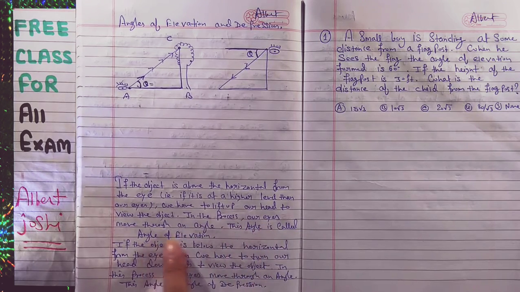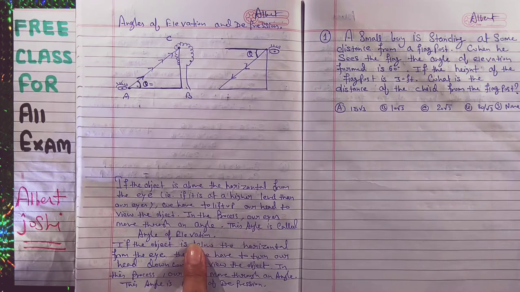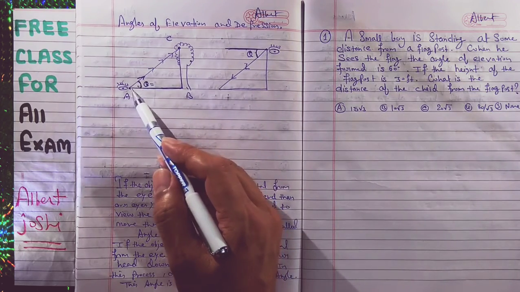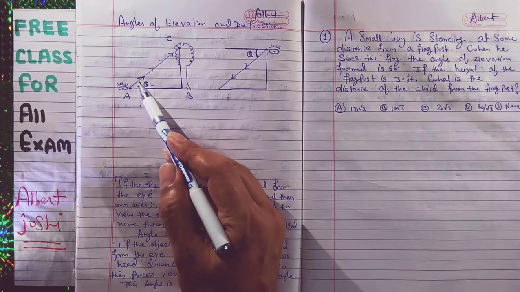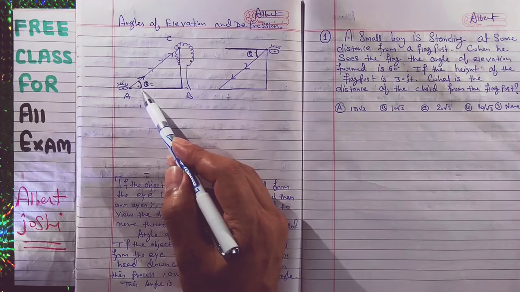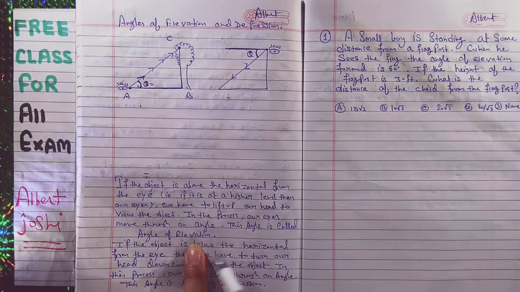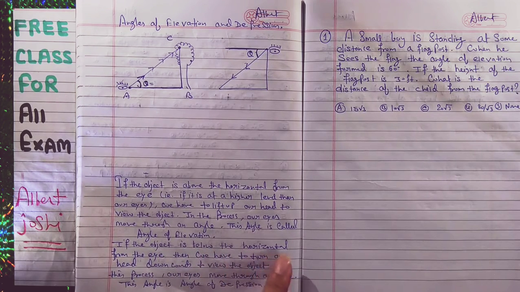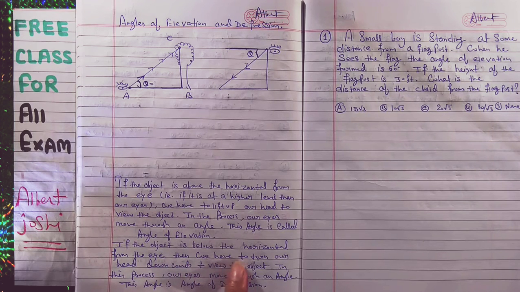This angle is called the angle of elevation. If you are looking upward, whatever angle your eyes make with the horizontal axis is the angle of elevation.